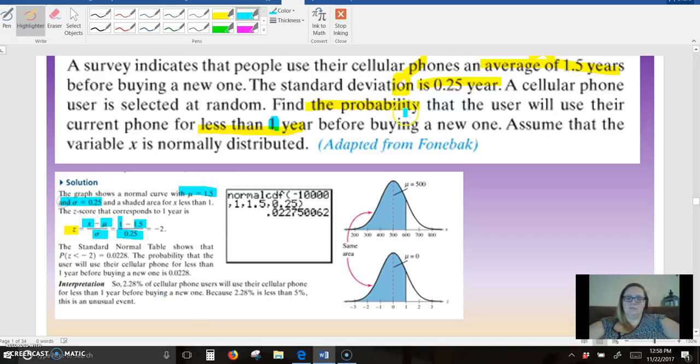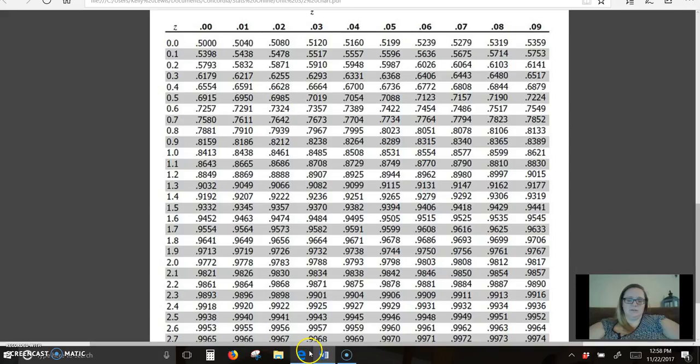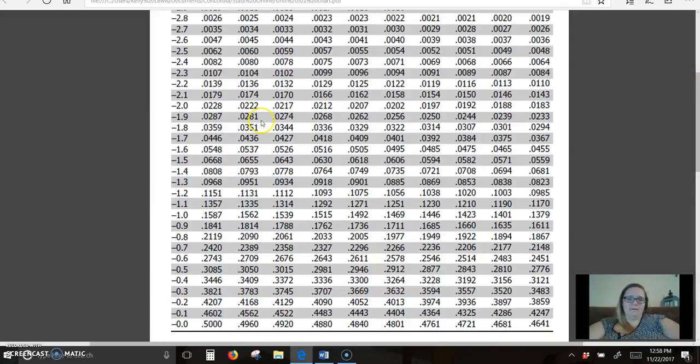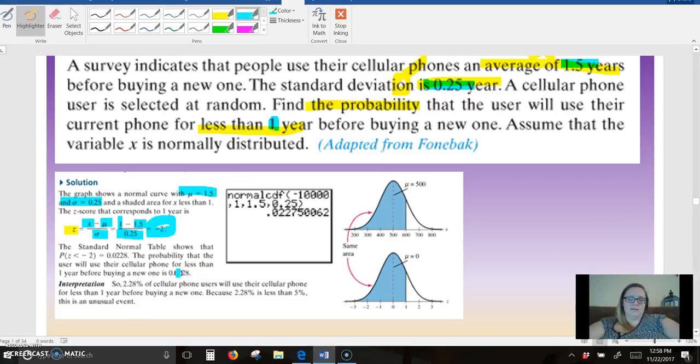Standard deviation is here. And then it pops out -2. Then we need to go on the chart, -2, right here. And so when we look it up on the chart, that's what we get.